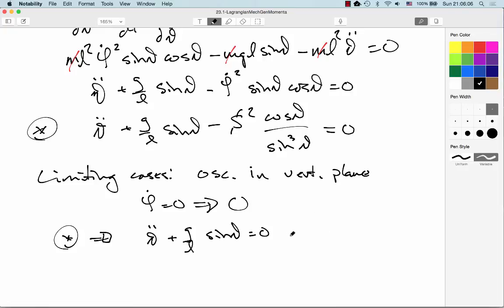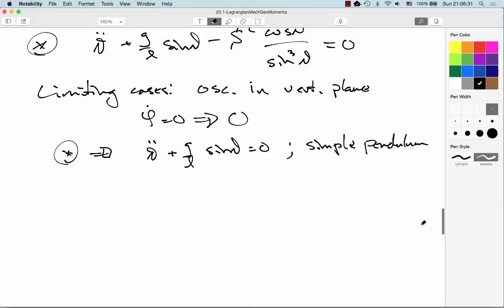And we know how to cope with that. That's a simple pendulum. So a bar of soap in a bowl is also a simple pendulum if you let it slide down vertically. Now let's say instead we gave it a nice little whack of initial velocity, and instead we are limiting the motion to be in the horizontal plane. So this is my first limiting case.